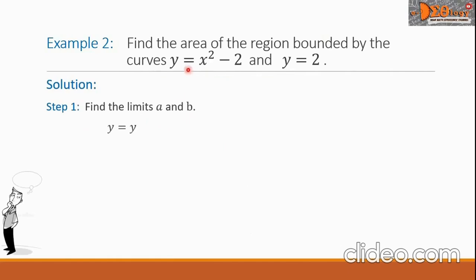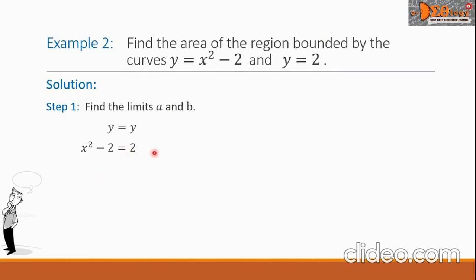We say that y of the first equation is equal to the y of the second equation. So we have y equals y. Therefore, the right-hand side of the first equation is equal to the right-hand side of the second equation. So we write here x squared minus 2 equals 2.